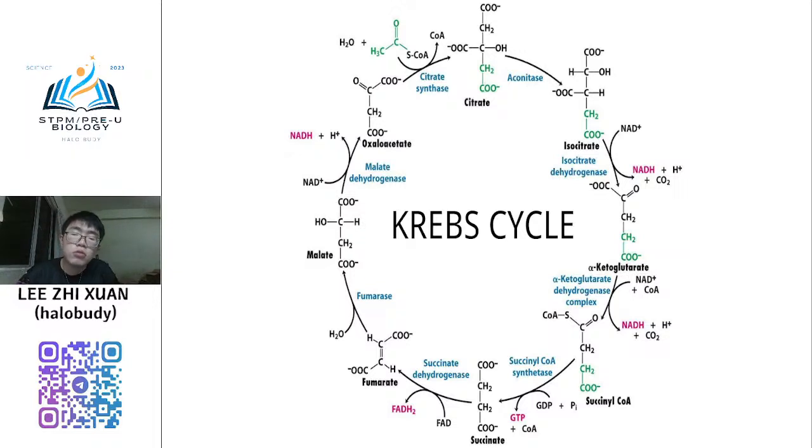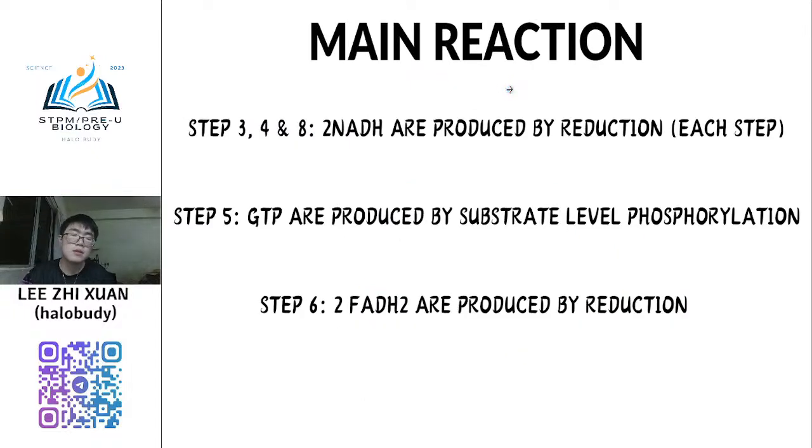So if you want to memorize it, you can use this. You need to know where the NADH are produced. The first reaction, after forming the acetyl CoA, is we combine with what? The first substrate is what? Who combines with the acetyl CoA?